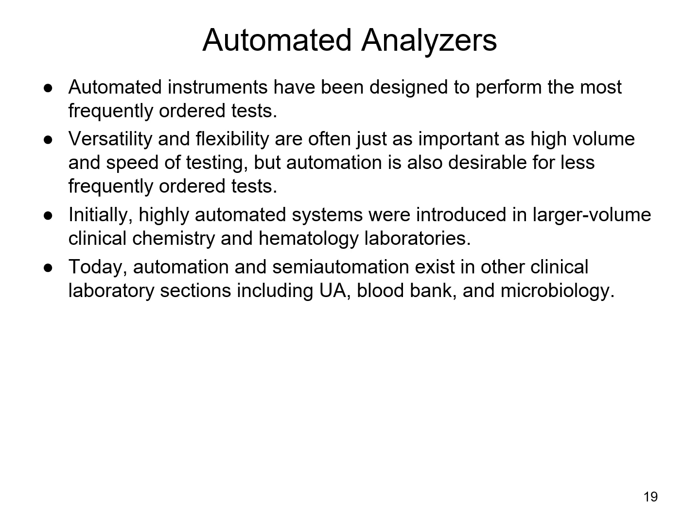Initially, these automated systems were introduced to your larger high volume laboratories like your chemistry and hematology departments, but now we're seeing more automation into the other departments that are kind of growing, like urinalysis.